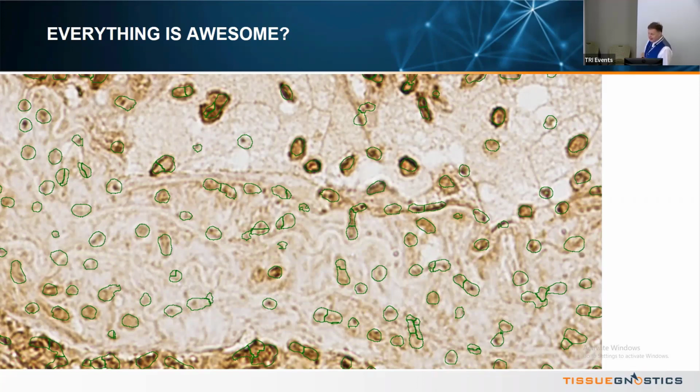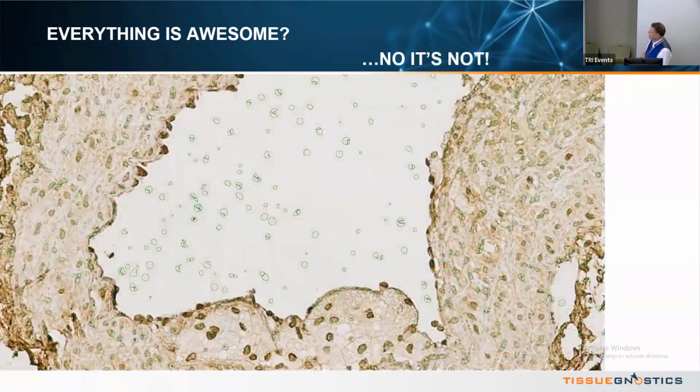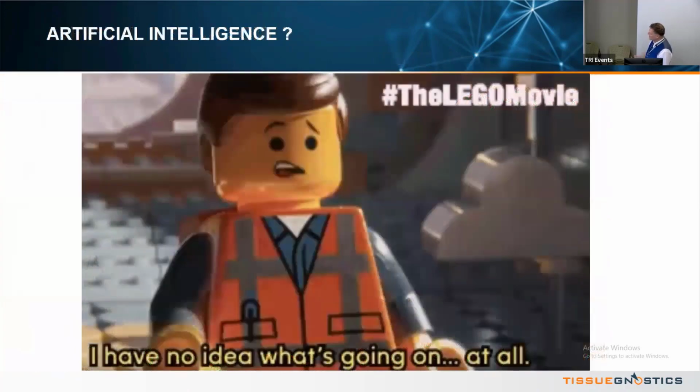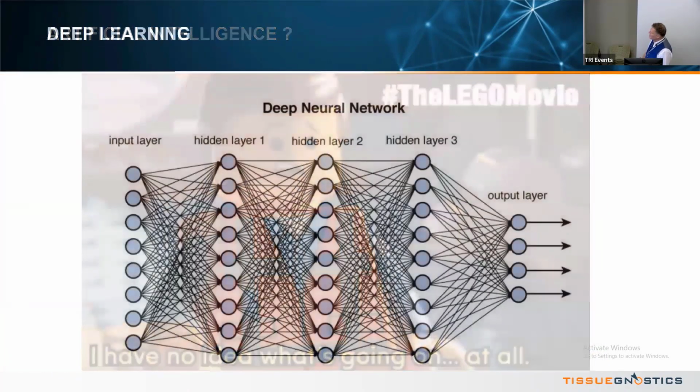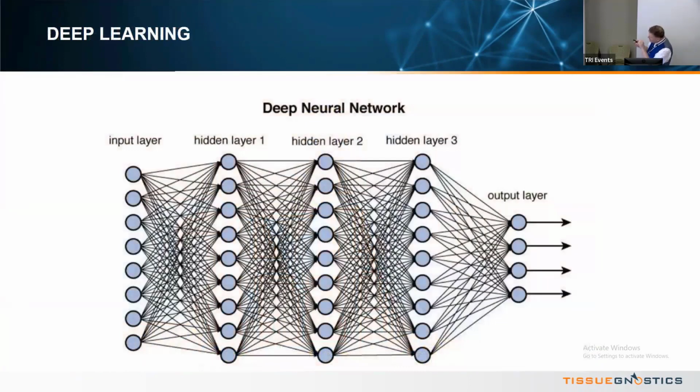But what came then blew our mind, because the deep learning algorithm found a lot of phantom cells, which are actually outside the tissue. And we were again like, what's going on here? We had a closer look, and this is what I'm referring to here. We defined what we give the algorithm, and we saw what comes out without really understanding what happens in there.